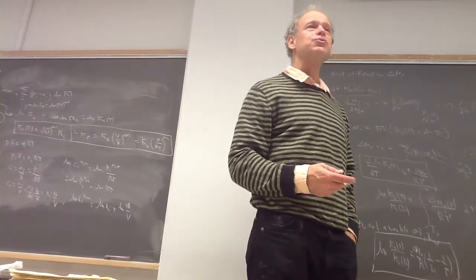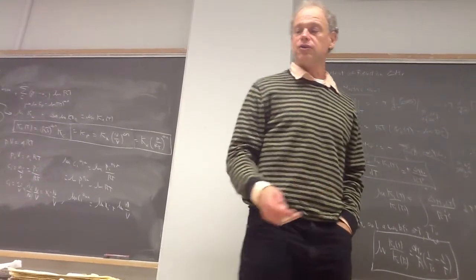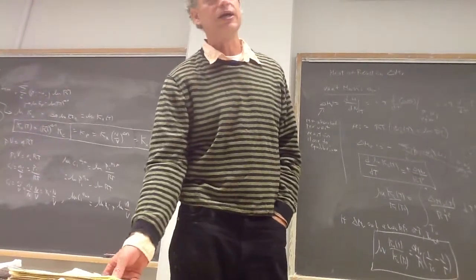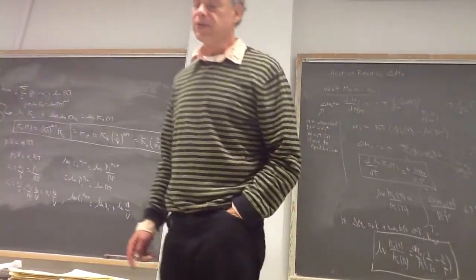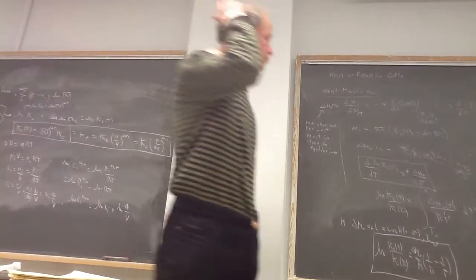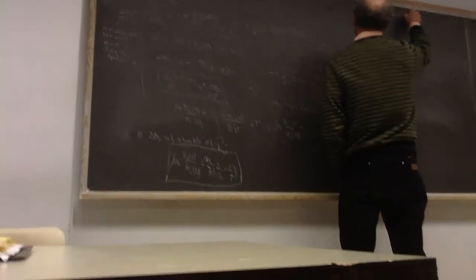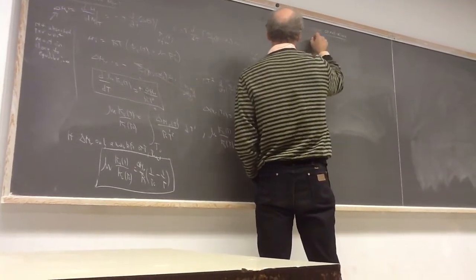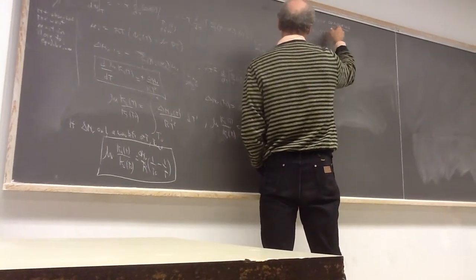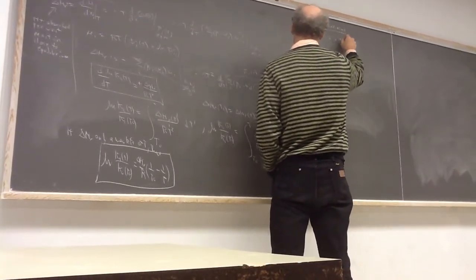Let's see what basic conclusions we can draw about equilibrium. The first thing is that the equilibrium constant, Ka, is a function of T only.